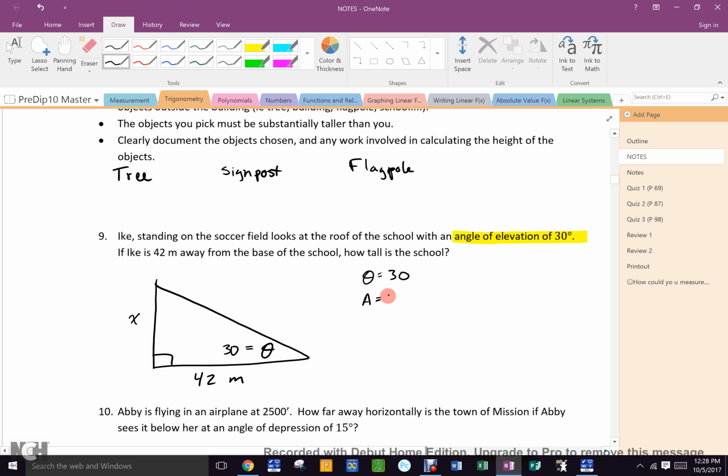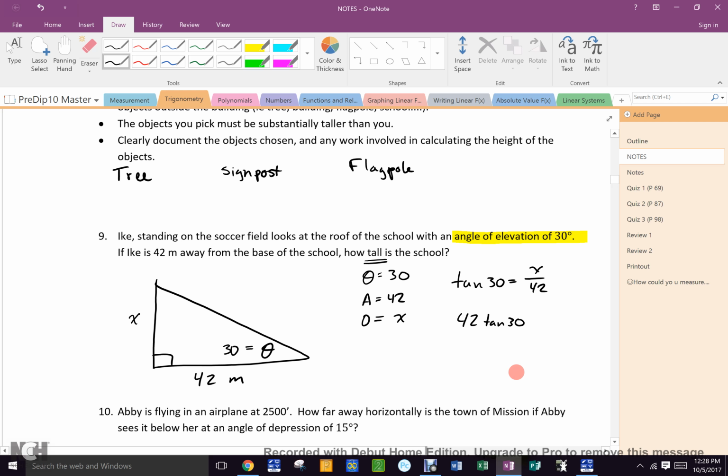Your adjacent equals 42, and obviously you need the opposite because you need the height of the school. There's your x. And of course, then you say to yourself, SOHCAHTOA, O-A, T-O-A. Oh yes, tan of 30 equals opposite x over 42. And the answer is 42 tan 30.